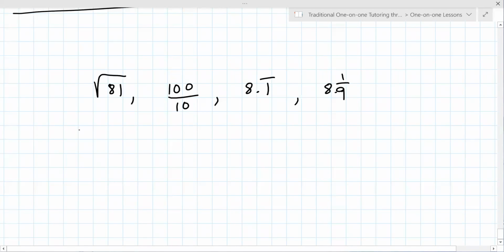Okay, so there are two here that you can figure out right away. 100 over 10 is not 100. It's just 10. There are no square roots there. This is just 100 over 10.